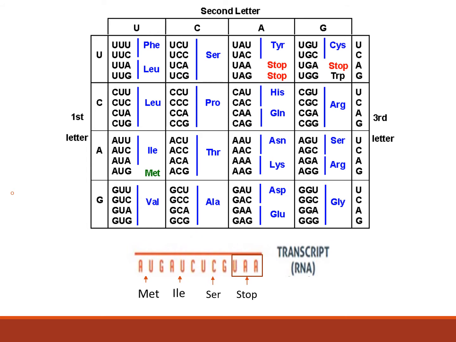And then in our last codon, we have UAA. And so if we use our codon chart here, we see that UAA actually gives us a stop signal. So we have one start codon, which is AUG, and it will always be AUG. And then we have 3 stop codons, UAA, UAG, and UGA.